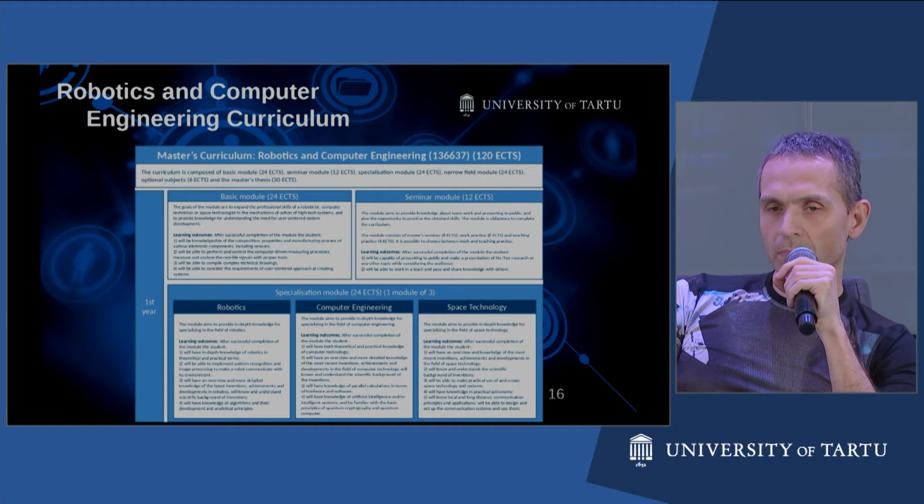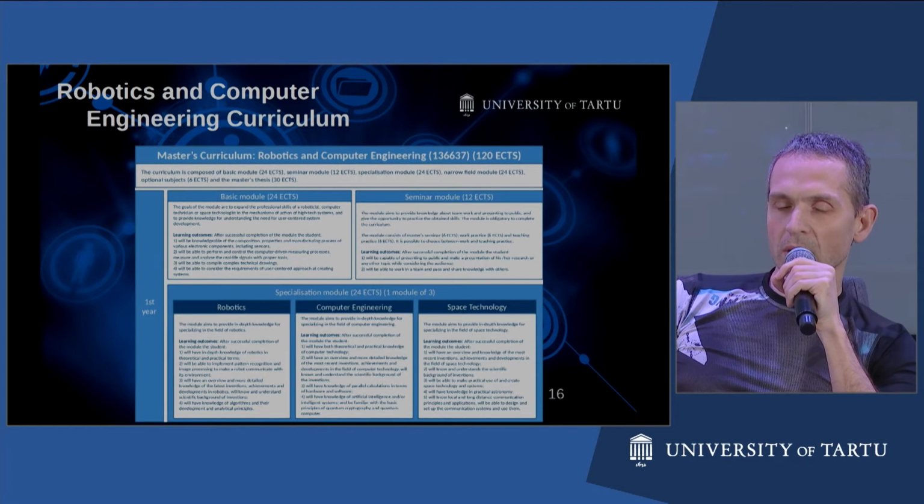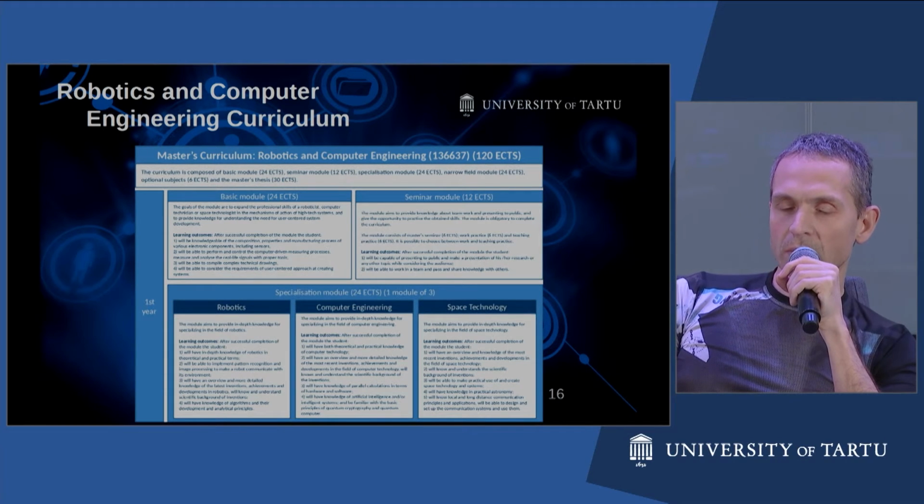there is a kind of catch: if you don't want to go to an internship or abroad or do management or economy, you can take two specialization modules, or actually combine three of them.